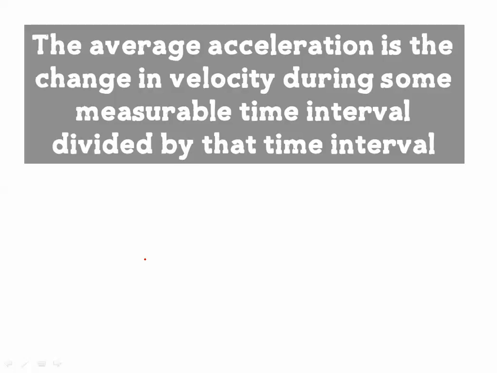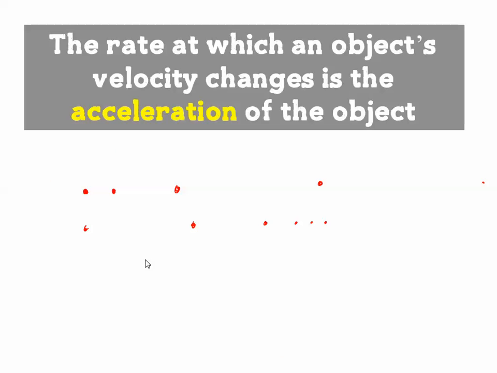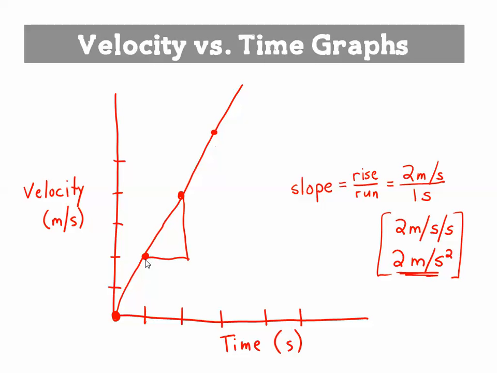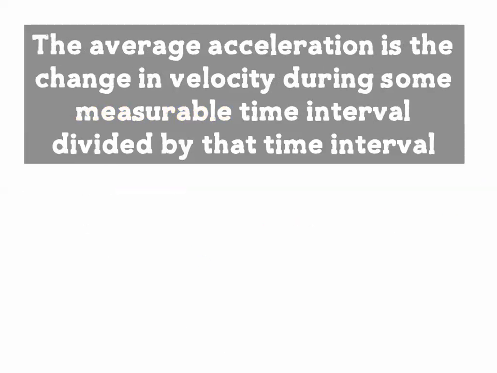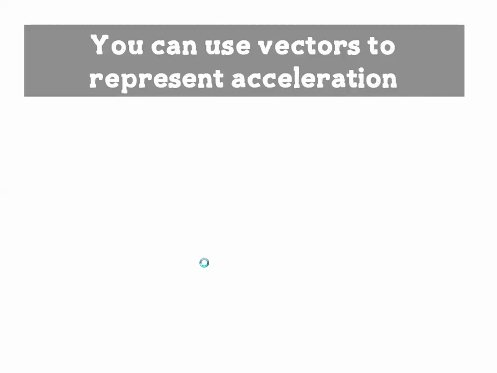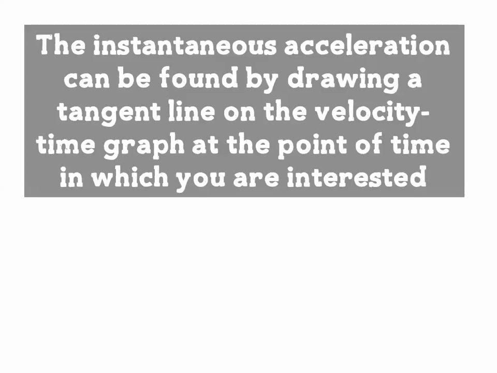So like we said, the average acceleration is if I'm taking it over a time interval. So if we go back to this slide, I'm taking the acceleration over this 2-second time interval, so therefore it is an average acceleration. On the other hand, if I wanted to find the instantaneous acceleration, I would be concerned with the tangent line of the curve.